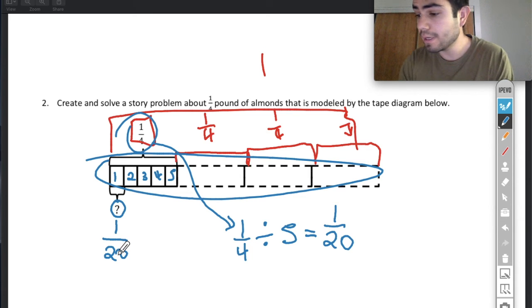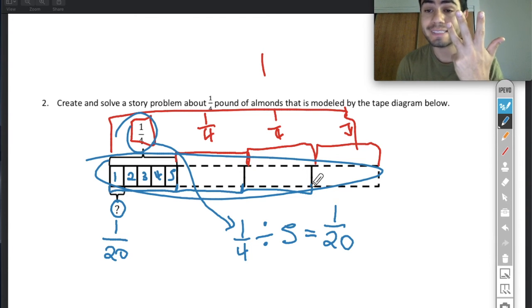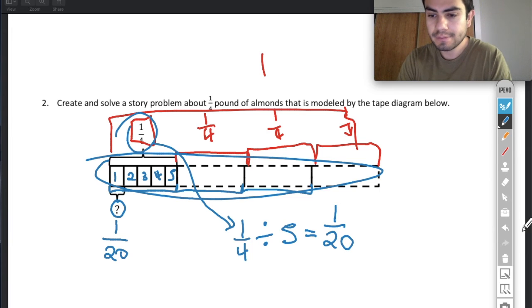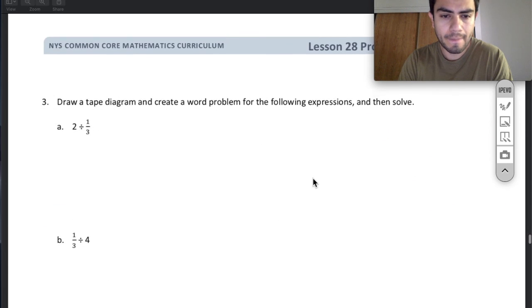And that 20 comes from having created 5 new pieces in each of these fourths. Okay, 5 plus 5, 10 plus 5, 15 plus another 5 is 20. Alright, and then you would create a word problem for that as well. Let's go through another one here.